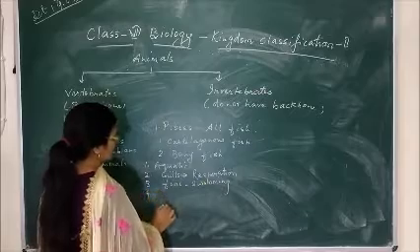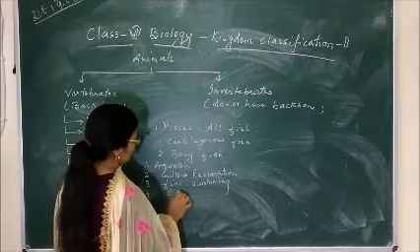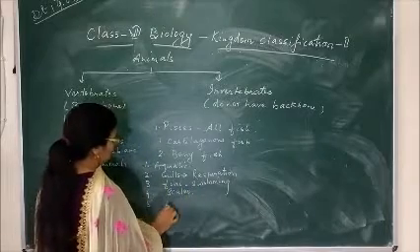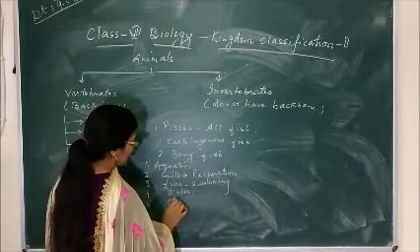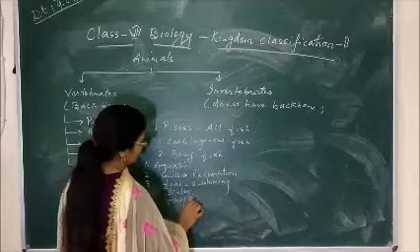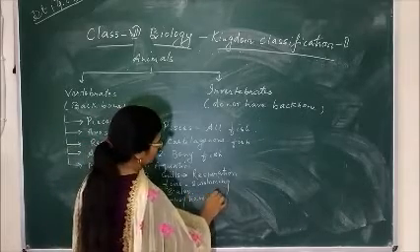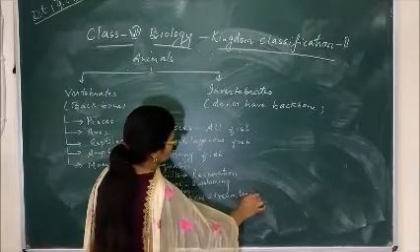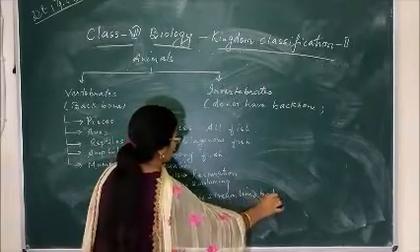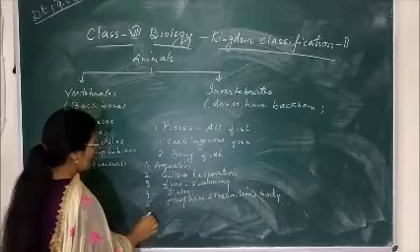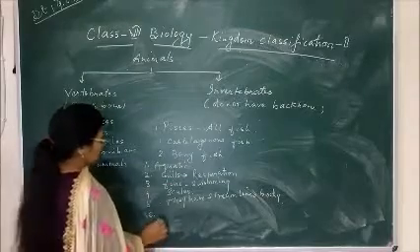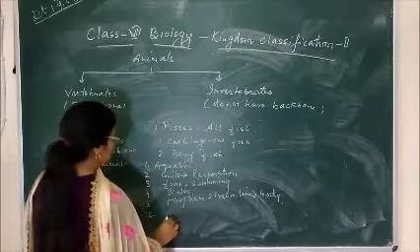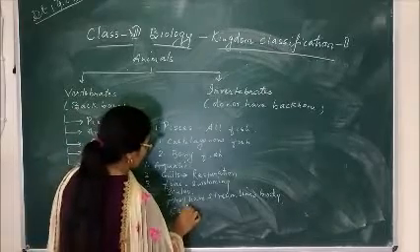Fourth feature is that they have scales in their body. Next, they have streamlined body. And the most important is that the fishes are cold-blooded animals.